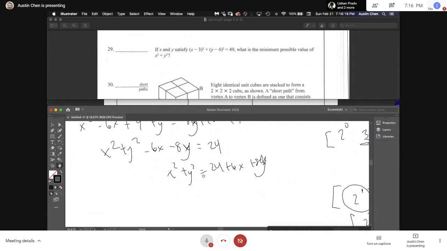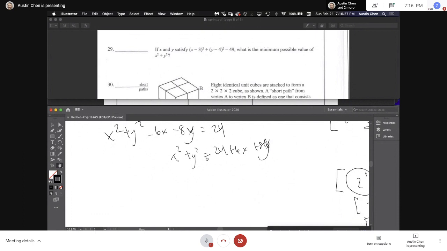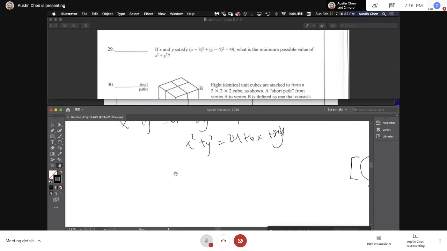But the way I did it was noticing that the original expression is the equation of a circle, right? And it also has very nice numbers for the equation of a circle. So the top equation is the equation of a circle with a center at (3, 4) and a radius equal to 7.